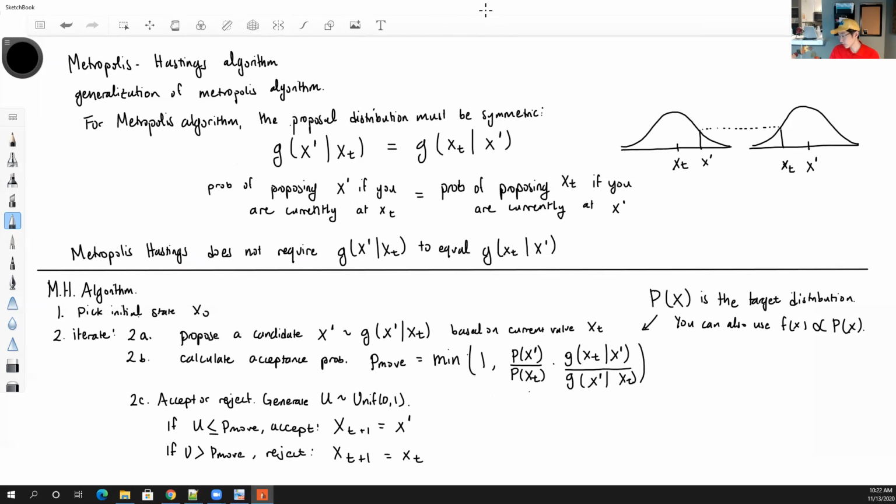All right, that's the Metropolis Hastings algorithm. So the only thing that changed between this and the Metropolis algorithm is that now we have this factor that takes into account g of x t. For the Metropolis algorithm, this part's just equal to 1, so it's not that big of a deal, and it just becomes the probability of x proposed divided by x current, right?